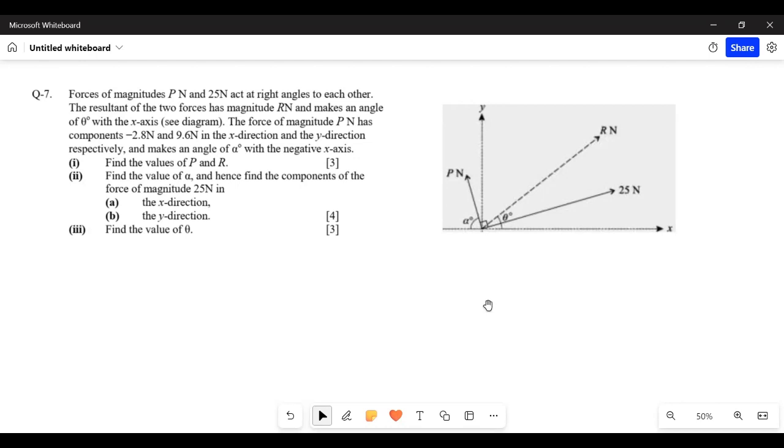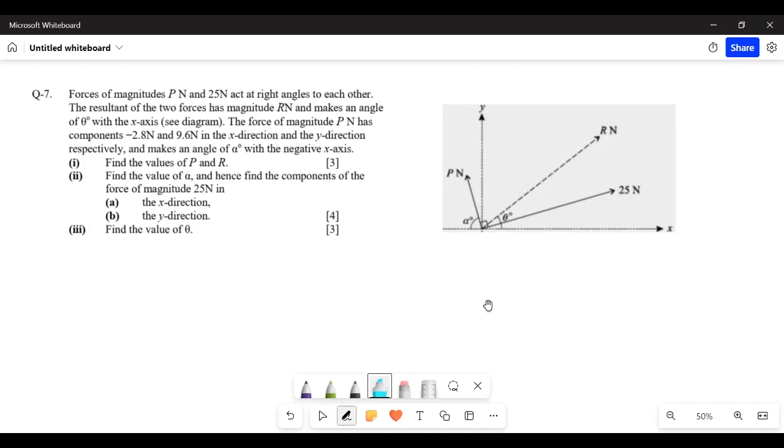So there's a P Newton force and a 25 Newton force mentioned in the question, and it's mentioned that there's a 90-degree angle. We can see that in the figure. The resultant of the two forces has a magnitude of R Newton. They've actually drawn the resultant for us in the question, which is more convenient, and it makes an angle of theta degrees with the x-axis. That's also shown in the question.